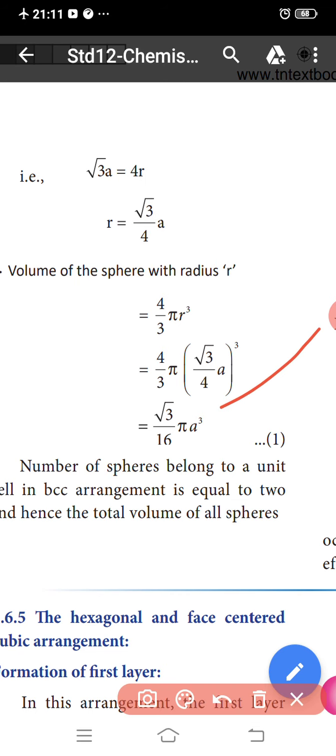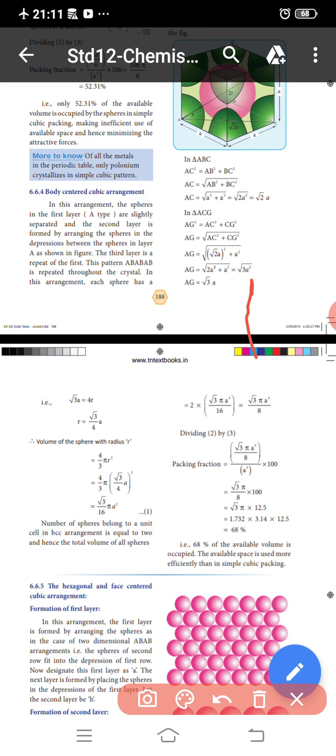The next one: the total volume occupied by the spheres in the body centered cubic unit cell is equal to 2 into root 3 pi A cubed divided by 16, which is equal to root 3 pi A cubed by 8.